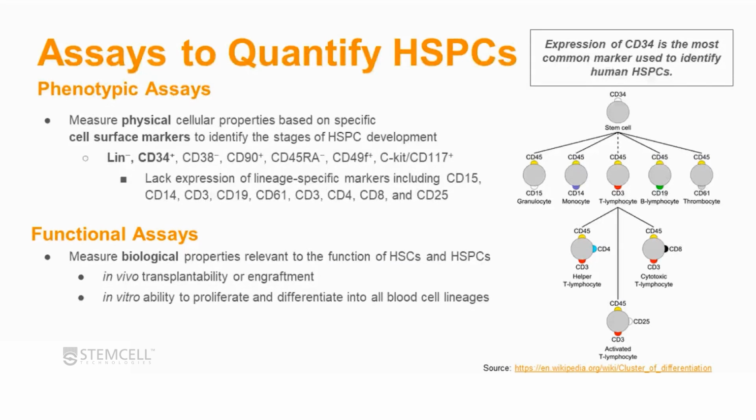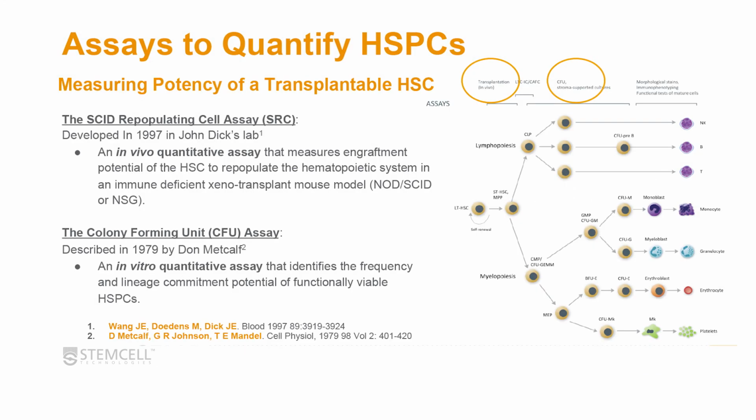There are models now to show and measure that, as well as in vitro assays, which are a little easier to perform, but allow us to identify progenitor and stem cells based on their very unique ability, as an adult stem cell, to still proliferate and differentiate into all the blood cell types and all the blood cell lineages.